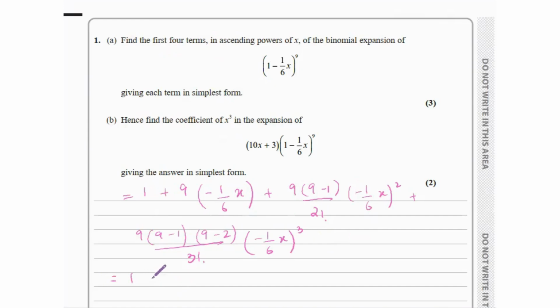1 minus 3 over 2 x, then plus 9 times 8 over 2 times 1 over 36 x squared, then plus 9 times 8 times 7 over 3 factorial, which is 6, times negative 1 over 216 and then x cubed.